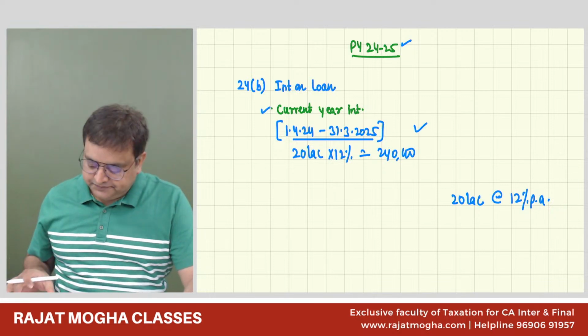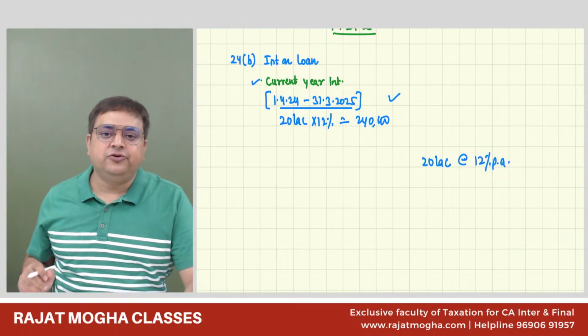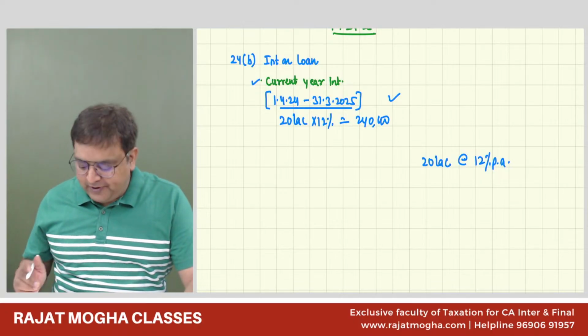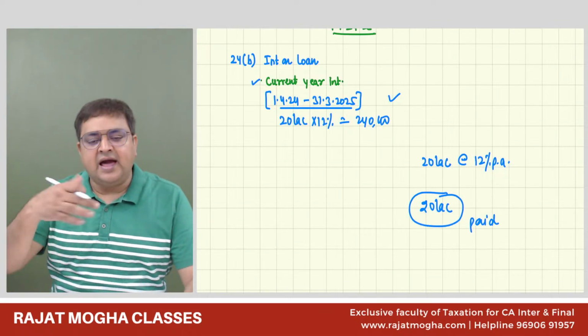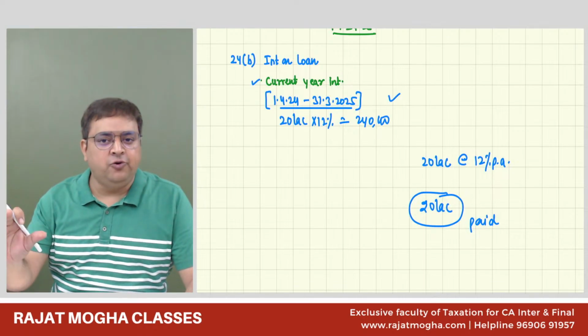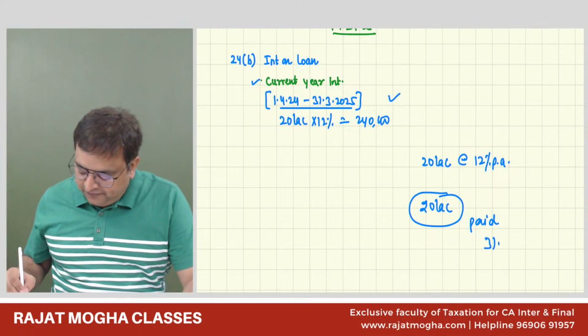Second scenario, if your question is saying that there was a loan of 20 lakh, but we have repaid the entire loan, let's say on 31st of December 2024.